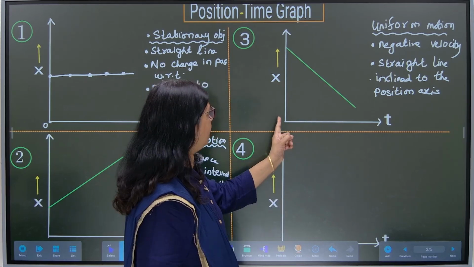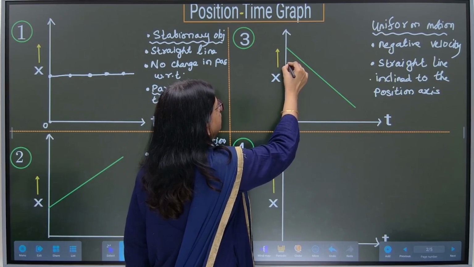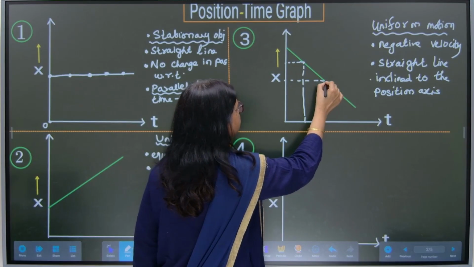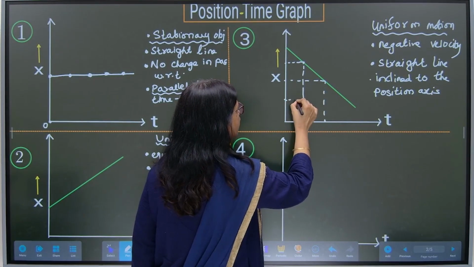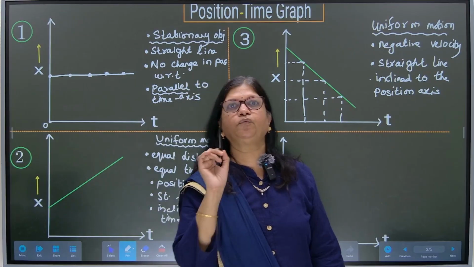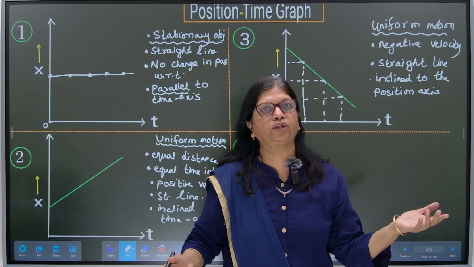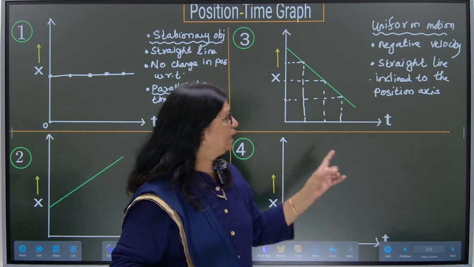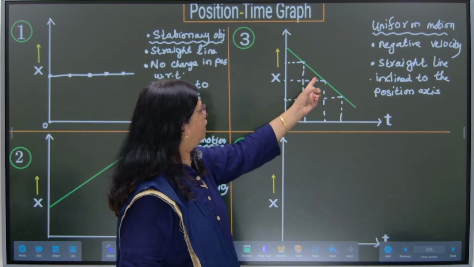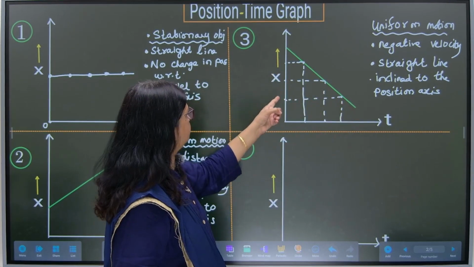Okay, as you can see, as time passes, the value of the position from the origin, you have already learned that the position of a body can be determined only if we have a reference point or the origin. Correct? So as the time is passing, the position of the body is having lesser and lesser value.